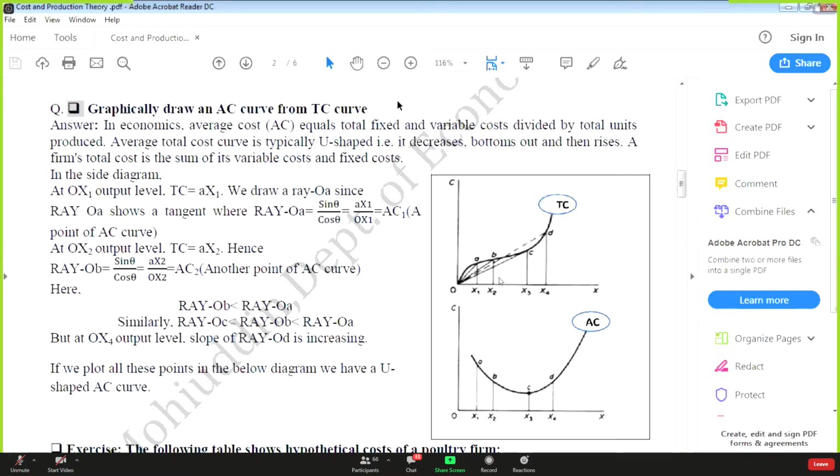Look at this topic. Today's topic: graphically draw an average cost curve from total cost. Now tell me, which cost curve is logical actually, short run or long run? Long run. And this is a diagram of which one? Long run. Obviously long run. Because when you are going to produce something, you do not stop your production within some fixed factors.